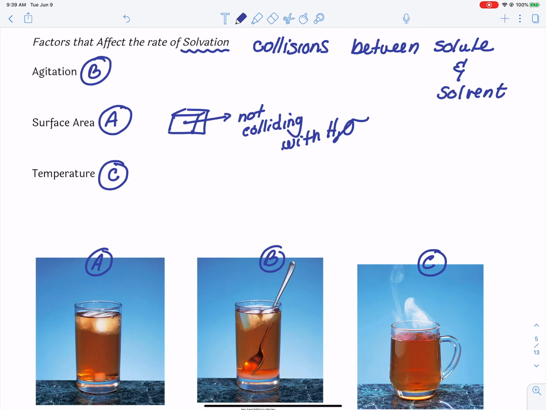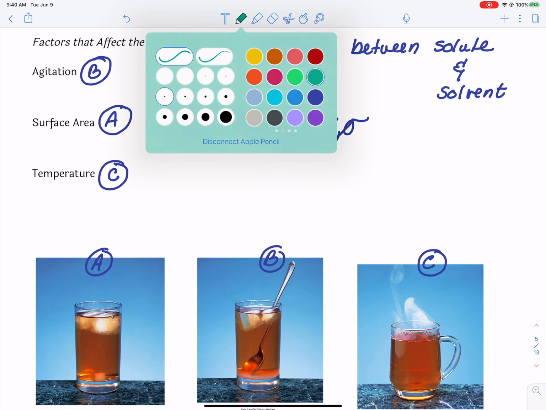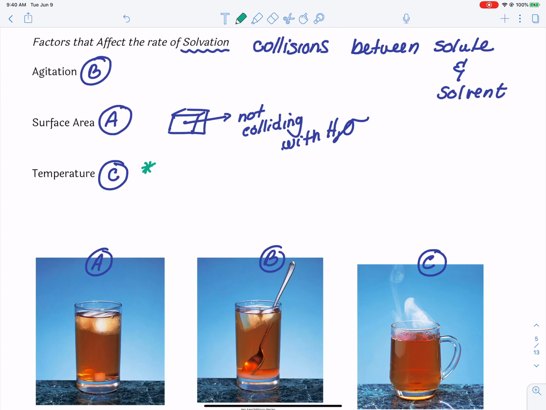And yes, temperature will increase the collisions between the solute and the solvent. We know at a higher temperature, the molecules are moving more quickly, right? So the number of collisions will increase. But there's something else going on with temperature that's a big deal, and that is you also have more energy. At an increased temperature, you have more energy to overcome those attractions, because it could be many different attractions.